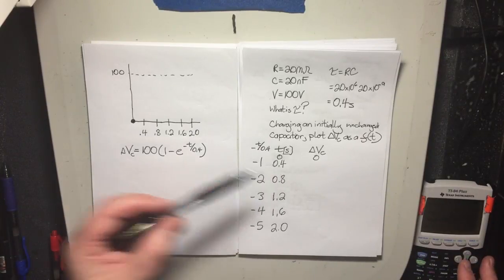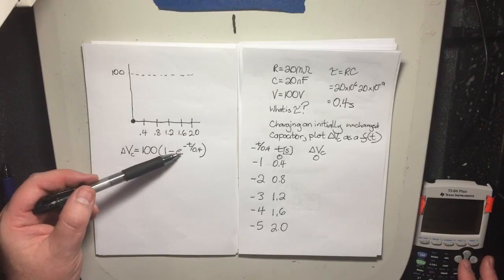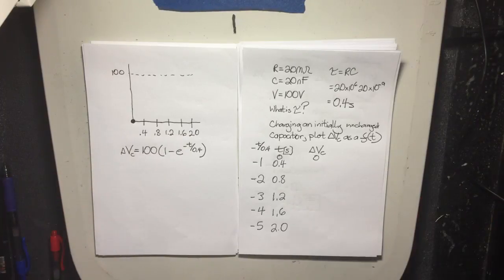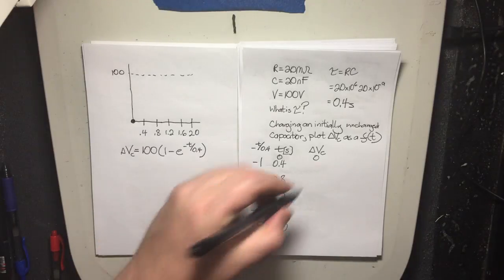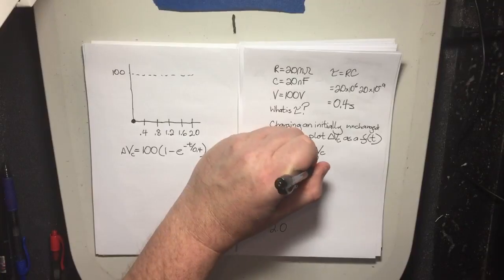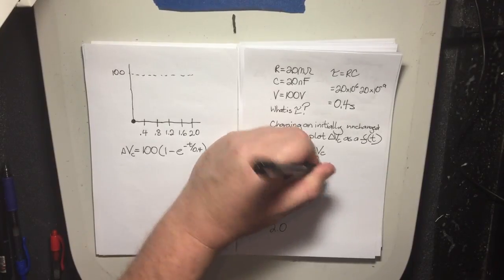So at 0.4 seconds, it's 1 minus e to the negative 1 times 100. I get 63.2 volts.